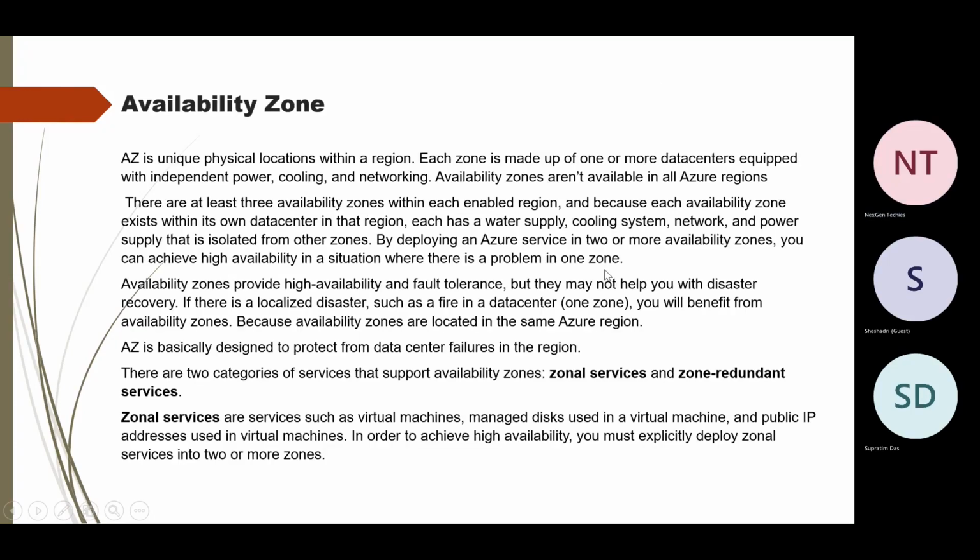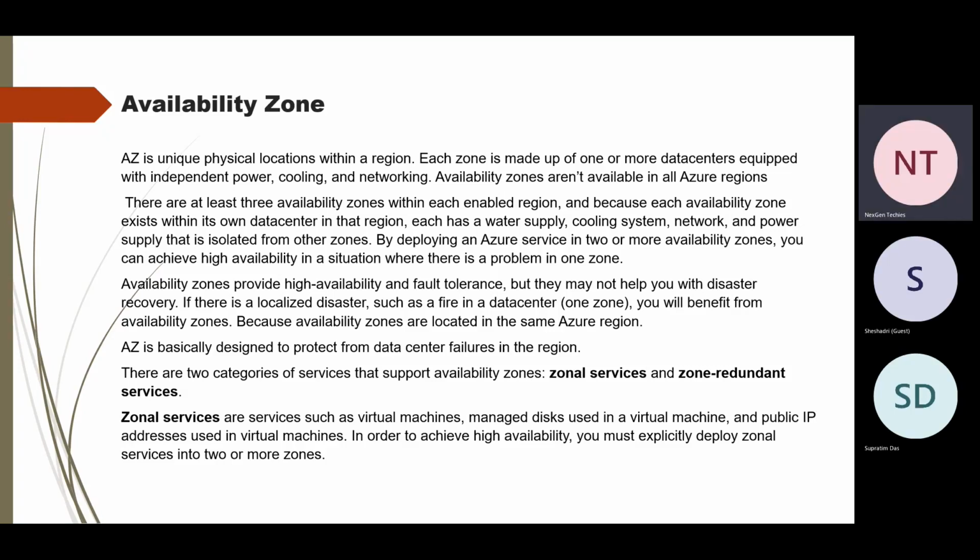Fine. So what is an availability zone? An availability zone is a unique physical location within a region. Each zone is made up of one or more data centers equipped with independent power, cooling, and networking.